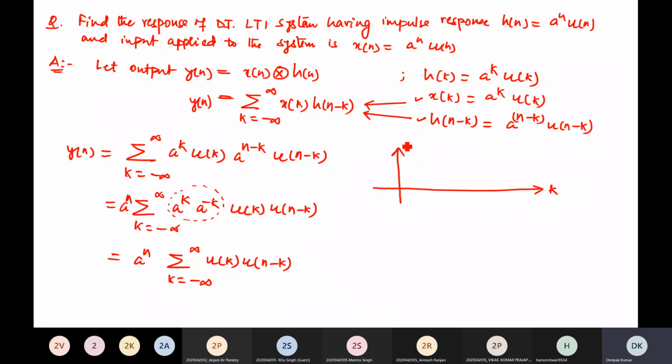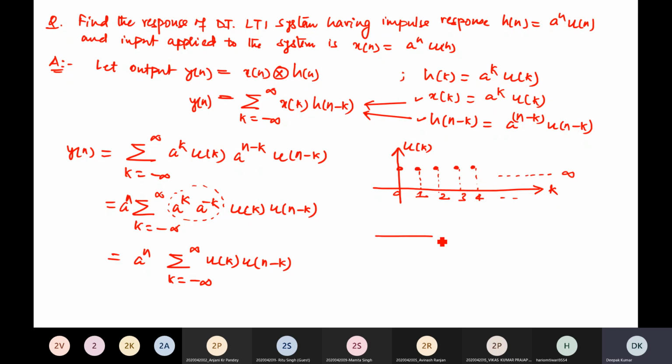Take this x-axis as k, and u of k will become a discrete time unit step signal like this, up to infinity, 0, 1, 2, 3, 4 and so on. And for u of n minus k, time shifting as well as time reversal you have to do.